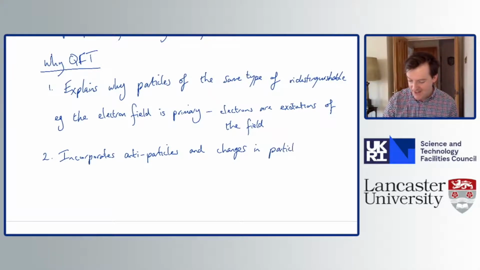Okay, because the normal non-relativistic quantum mechanics that you learn as an undergraduate, where you have a particle described by a wave function, so for instance the electron in the hydrogen atom described by a wave function, in that formalism of quantum mechanics there's no way to change the particle numbers. There's no process in the Schrödinger equation which allows that electron to change into anything else.